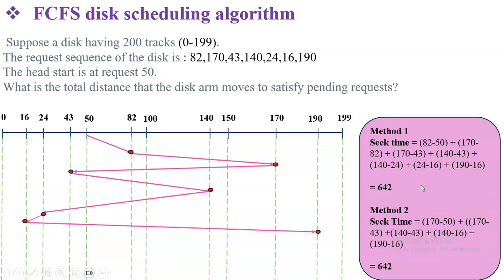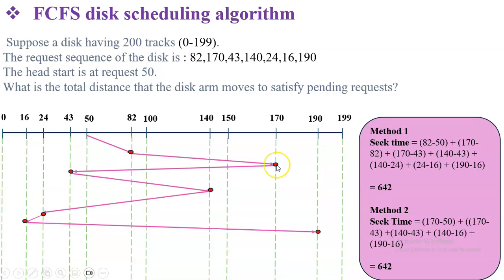The second method is a simple one and I prefer using this method because you will not make many mistakes. So see, how do we calculate that? First we have to check the movement in one direction. It started from 50 and in the same direction it ended at 170.